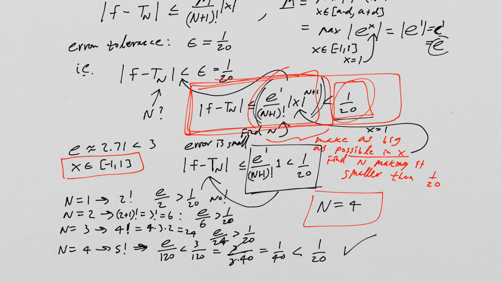All right, now I want to just give a graphical depiction of the kind of thing that's going on here. In general, Taylor's inequality does something like the following.